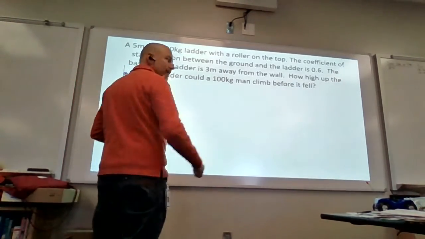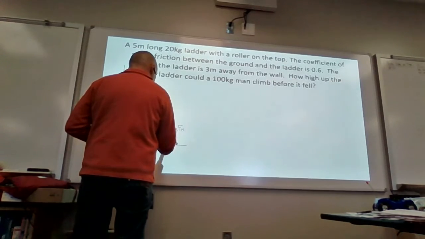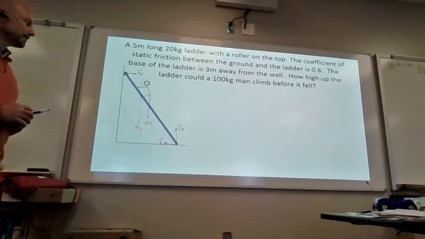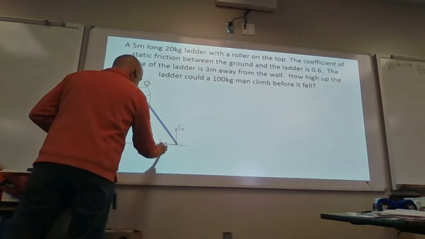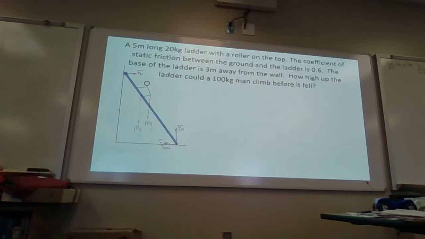The ladder would go this way, so friction opposes that and goes this way. We're going to say that's maximum static friction, since we're asking for how high up. Does that make sense?